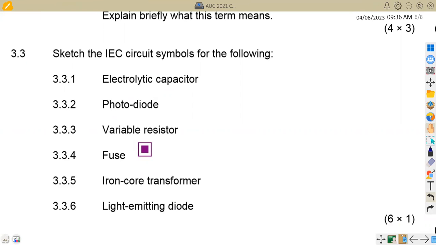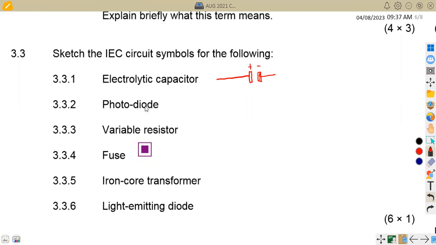I'm just going to give you a basic sketch on each. If you're dealing with an electrolytic capacitor, what you're supposed to show is the positive negative concept. So just a normal capacitor, guys, and we can just show our positive, negative.